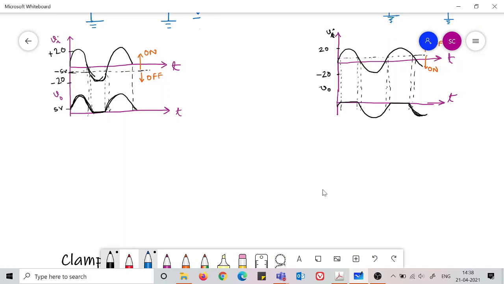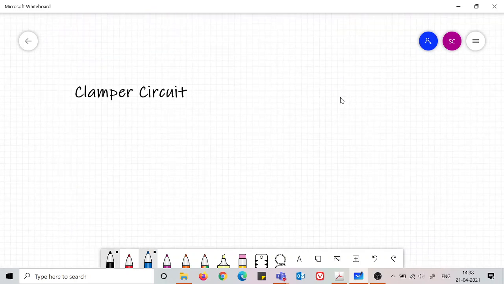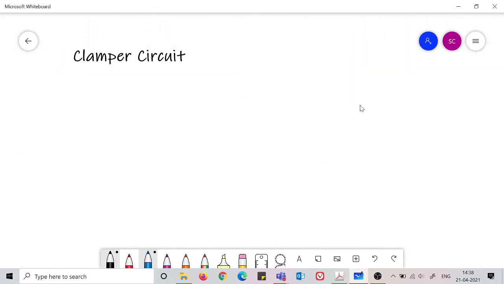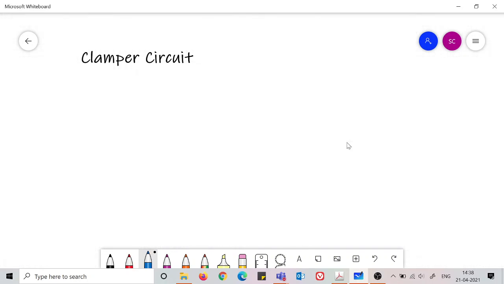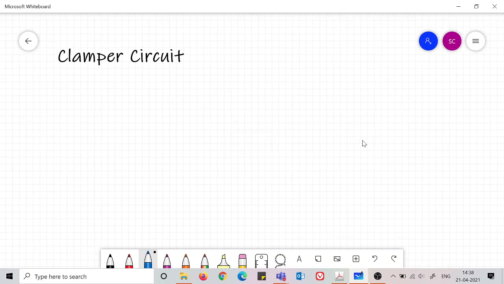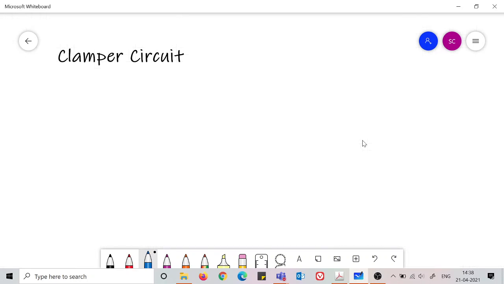Let me try to remember how the clamper circuit was configured. Yes, so this is the clamper circuit. I will draw it. The clamper circuit has an AC voltage.